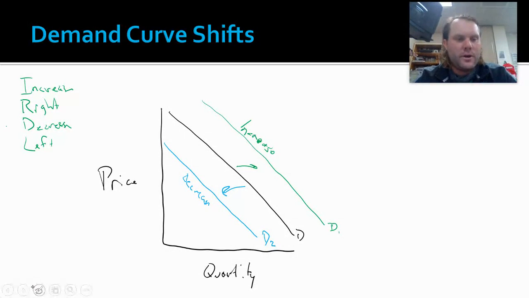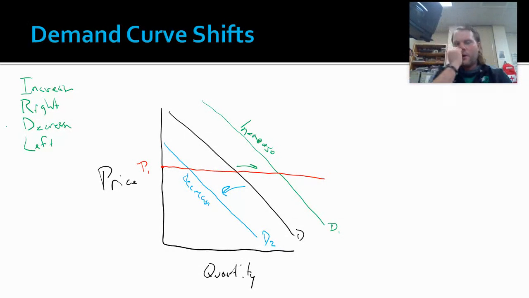Now, what this is showing us is that when we set a price somewhere, I'm just going to call this price 1. Based on that price, remember, the price is stuck. We're freezing time, the price is stuck. Well, in a normal demand situation, we're going to demand quantity 1. That's all it's showing.